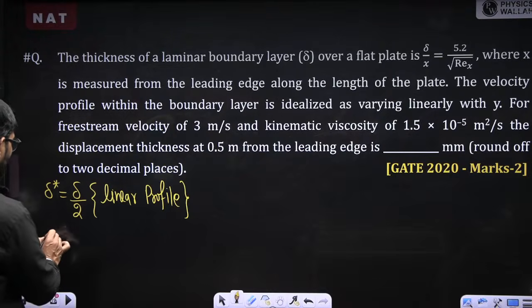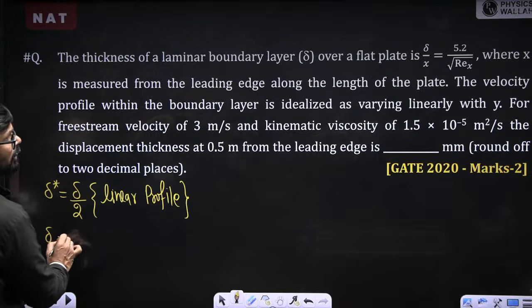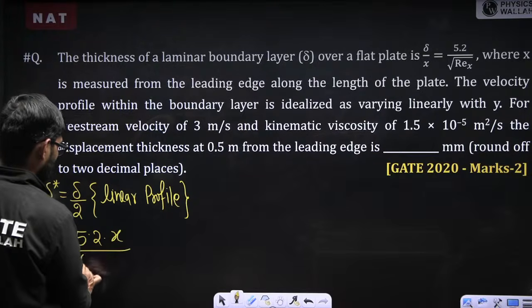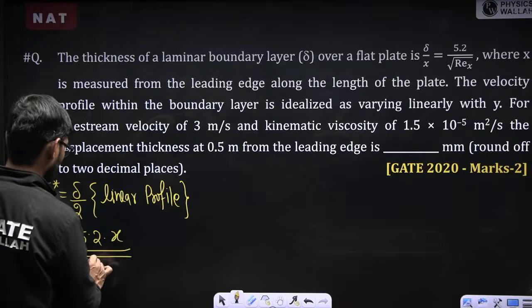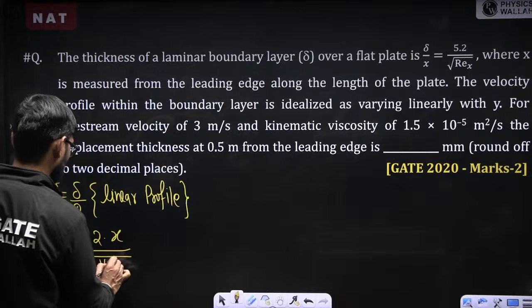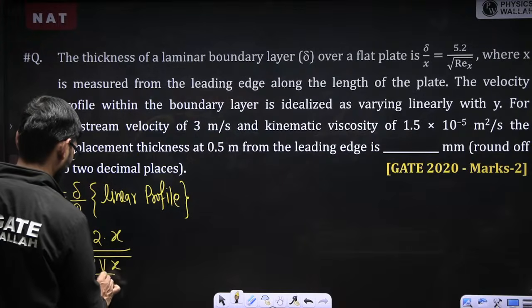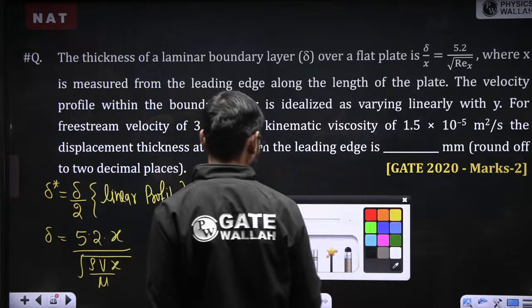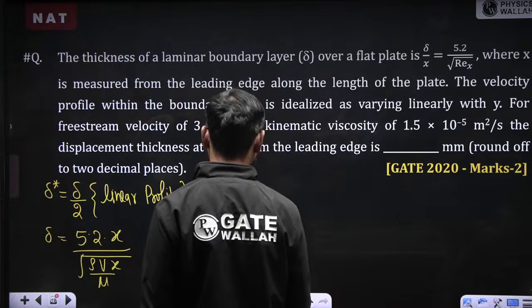We need to find out delta. Delta is equal to 5.2 x by under root Re_x, where Re_x is rho V x by mu. Just find out the delta value.